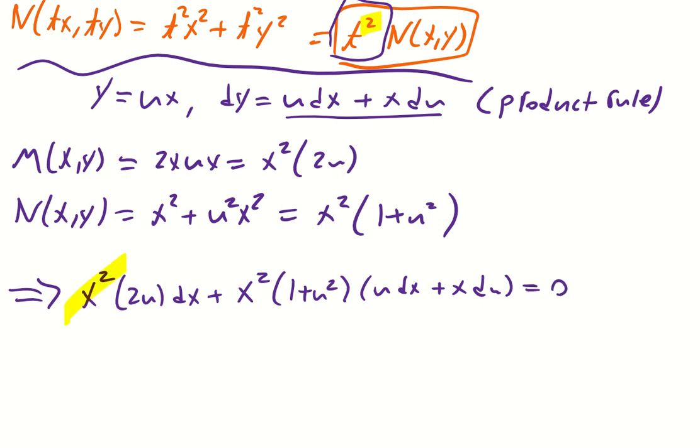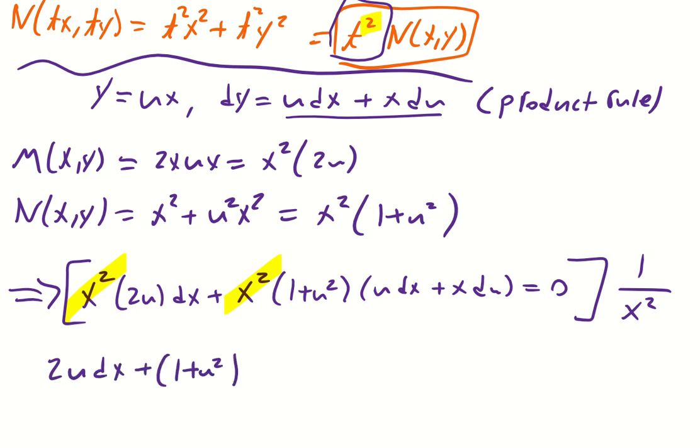Note that the first thing we should do is divide everything by x squared, or multiply by 1 over x squared. We then simplify the equation as 2u dx plus the quantity 1 plus u squared times u dx plus x du is equal to 0.